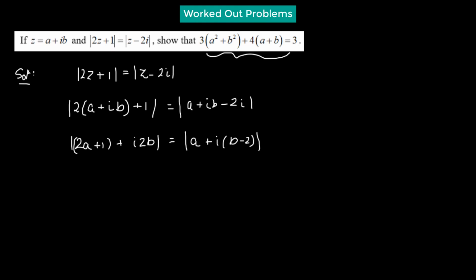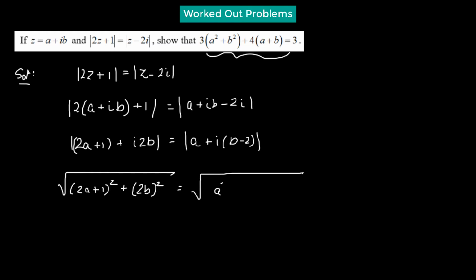Then we apply the definition of modulus, which should give us the square root of (2a + 1)² + (2b)² equal to the square root of a² + (b - 2)². Now we square both sides, that will get rid of the square root. So we'll have (2a + 1)² + (2b)² = a² + (b - 2)².